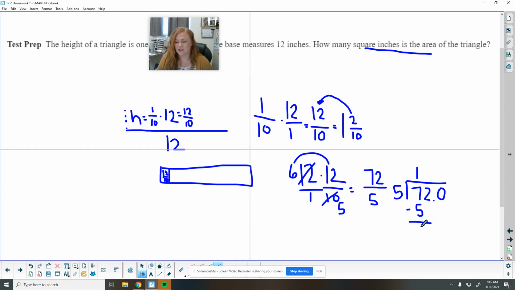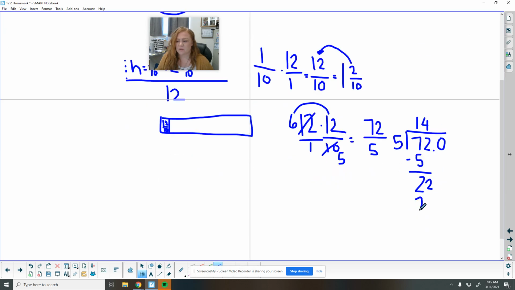Sorry, I kind of lost my train of thought there. And then it goes into 22 4 times. That is 20. And then we have a 2. By adding this decimal and this 0, it makes it go in there a nice even time. So 5 goes into 20 4 times.